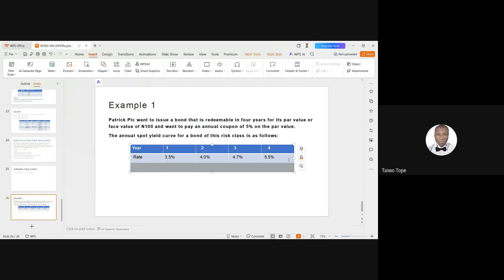Required: calculate the price at which the bond should be issued.